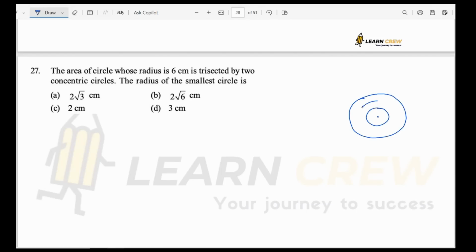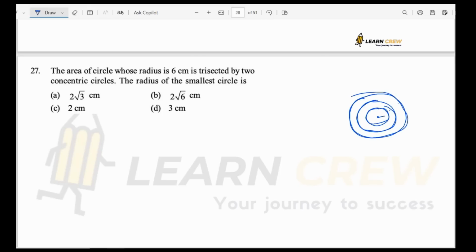This is the other circle. Now 1, 2, 3. Yes or no? Now what would be the radius of the smallest circle? This area would be 1/3 of the whole.